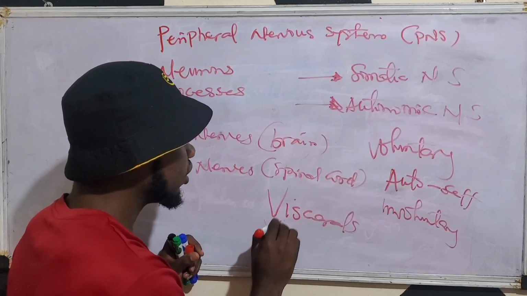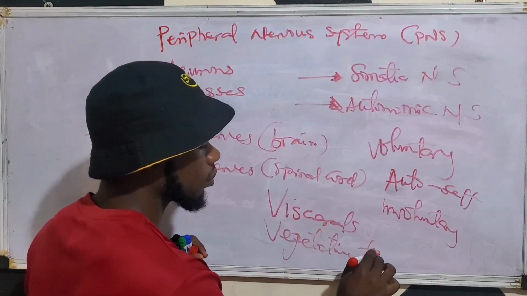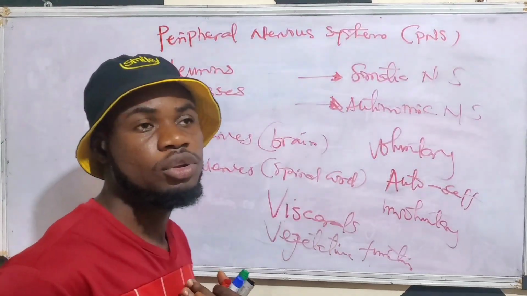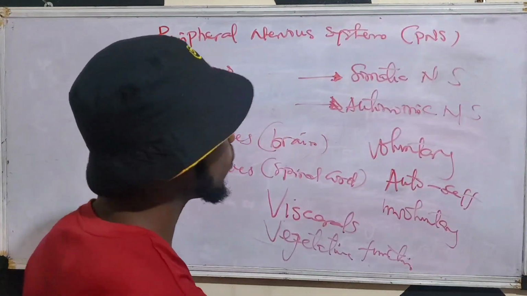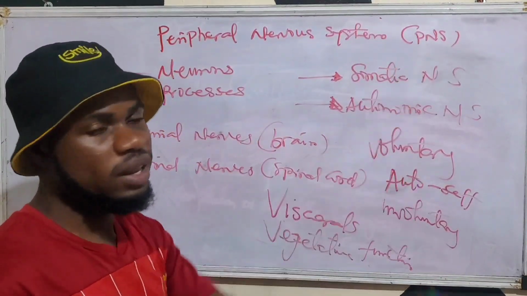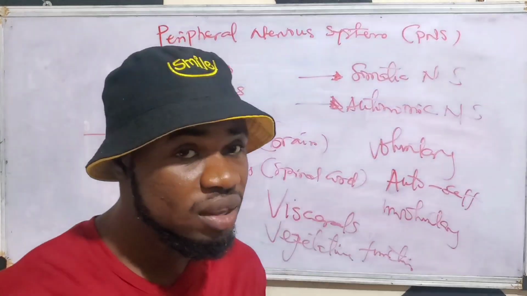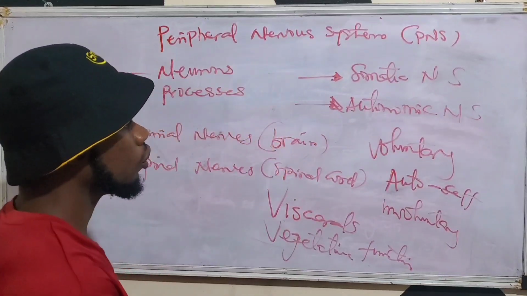Otherwise, they will say it has vegetative function. Talk about your breath. Your breathing is not completely somatic. It is also automatic. Like when you're sleeping, the autonomic system controls your breath.